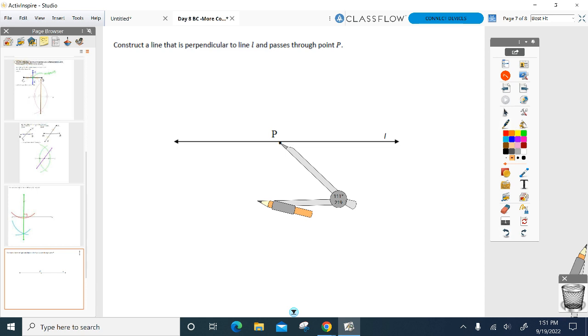Let you guys finish up before we go to the final unique construction. Questions, concerns here? Make one arc and then go from each point of intersection.